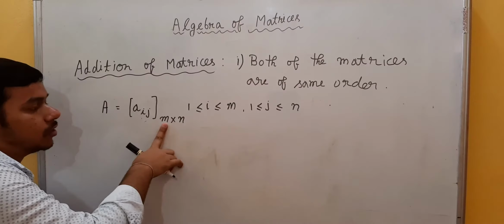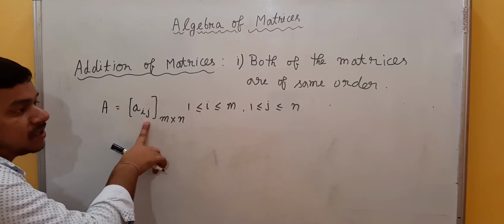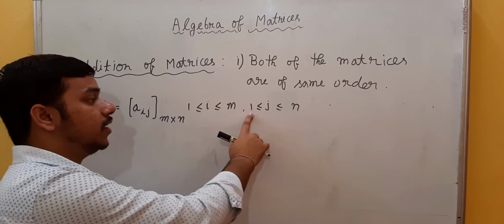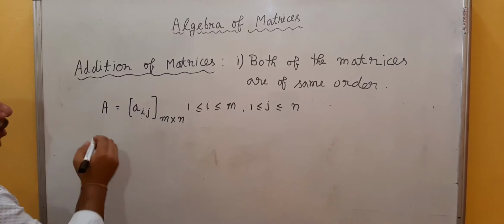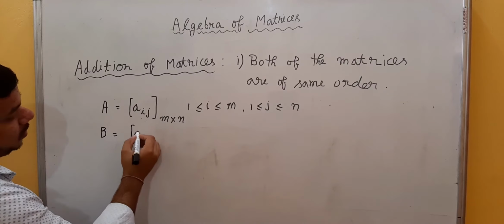Since total number of rows is m, the value of i varies from 1 to m. j represents the column number and total column number is n, so the value of j varies from 1 to n. Let us take any other matrix of the same order, because different order matrices cannot be added.